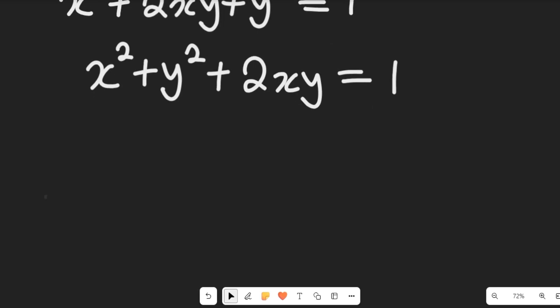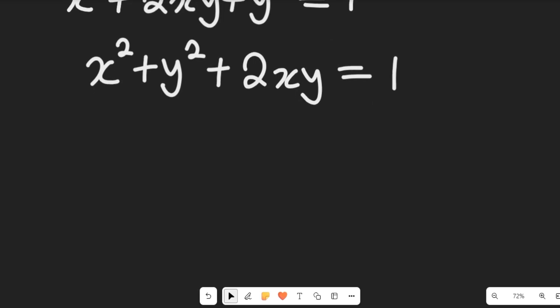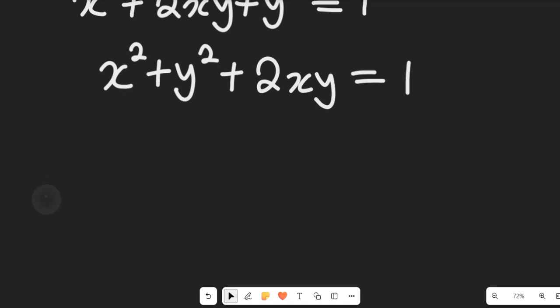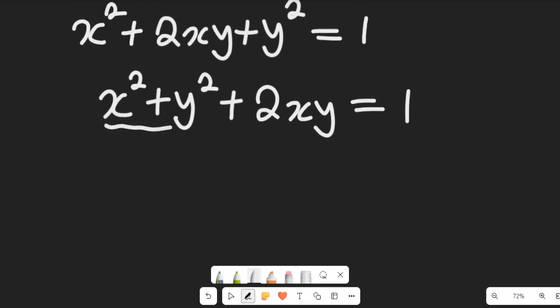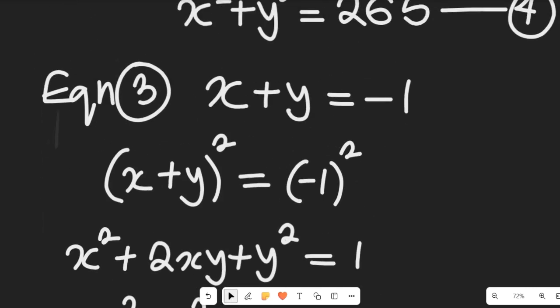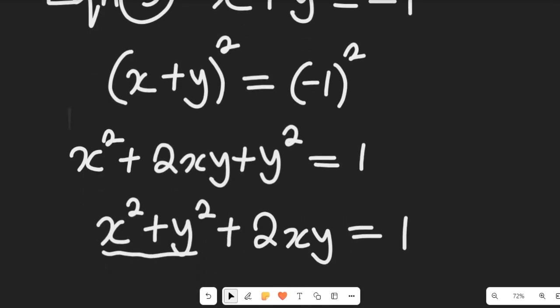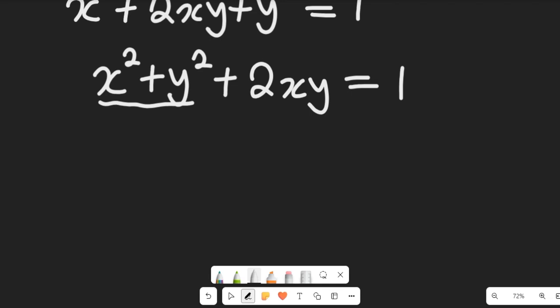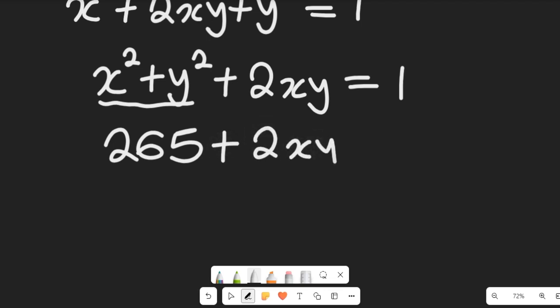So from here, remember x squared plus y squared from equation 4 is equal to 265. So we replace that, and this gives us 265 plus 2xy, and that will be equal to 1.